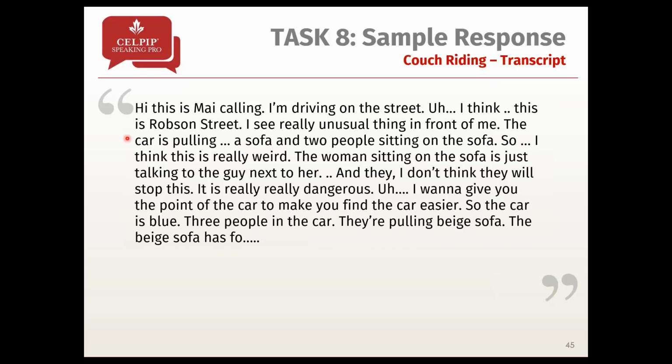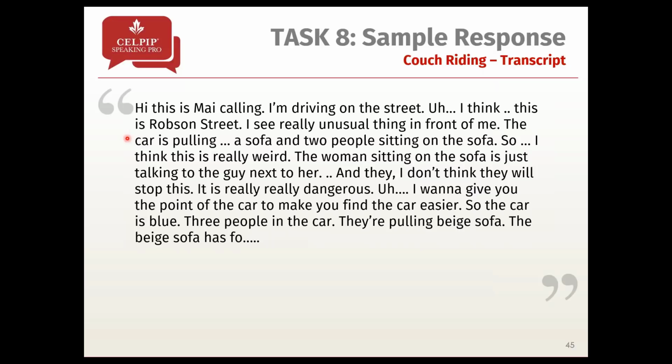Vocabulary is a weak area because she does rely on very basic vocabulary like street, really, really. She's unable to come up with higher level language, but occasionally she's able to put simple words together to express complex ideas. So for example, she says, I'll give you the point of the car, because she can't think of the phrase, I'm going to describe the car for you.